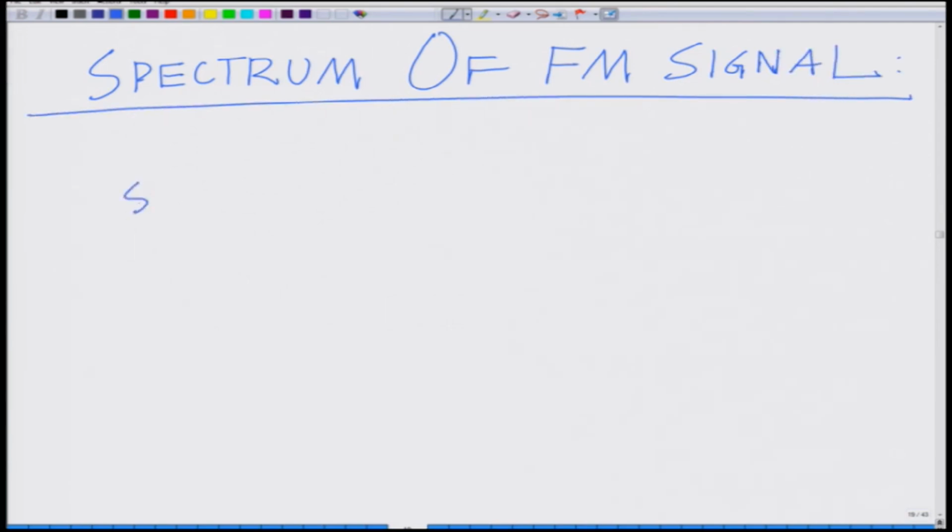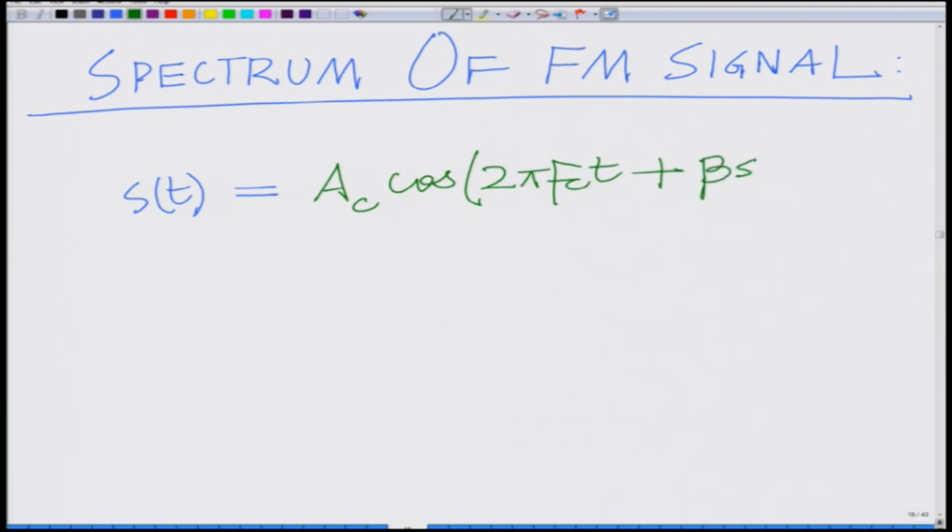Let us write our FM signal s(t) equals A_c cosine 2 pi f_c t plus beta sine 2 pi f_m t, as we have seen, where beta is our modulation index, okay.